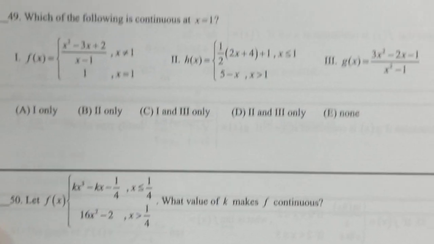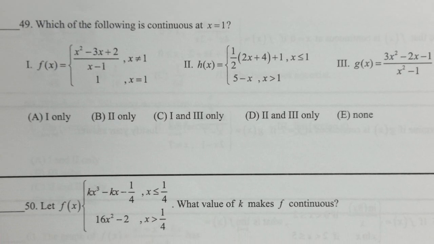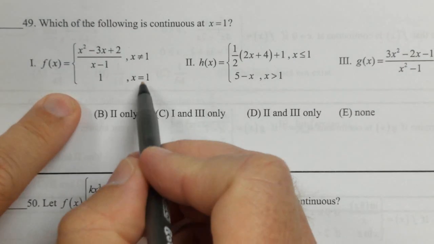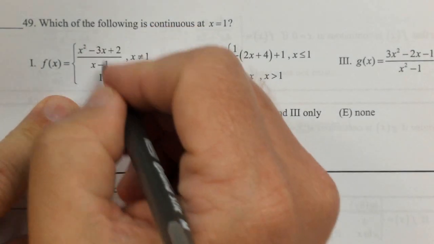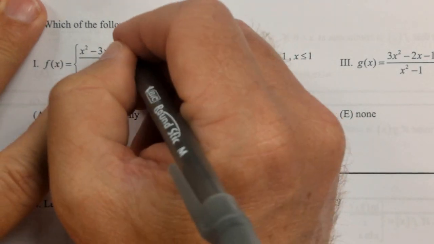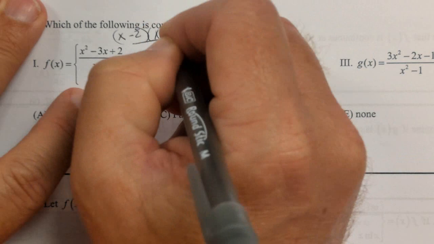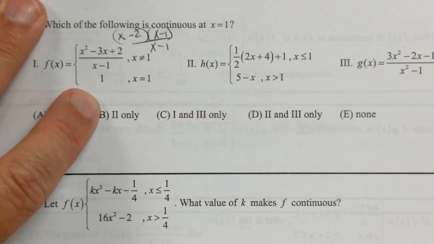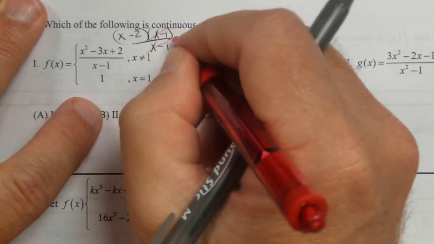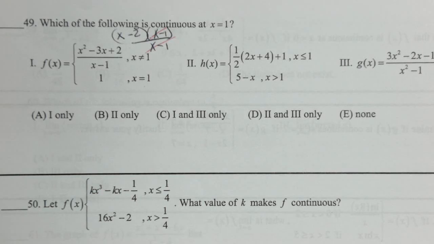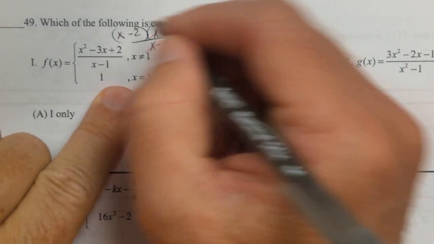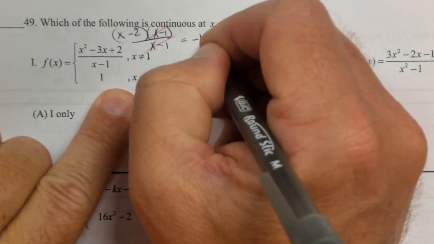Which of the following is continuous at x equals 1? This first one potentially has a hole. x minus 2, x minus 1 over x minus 1. So I can cancel the x minus 1s. Means there's a hole there. I plug in 1. 1 minus 2 is -1.